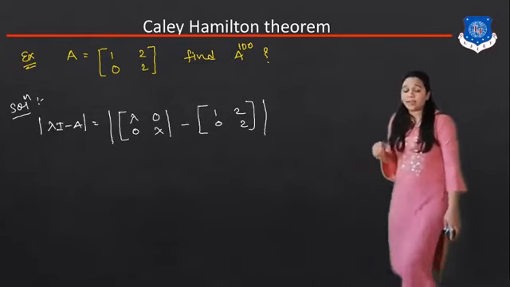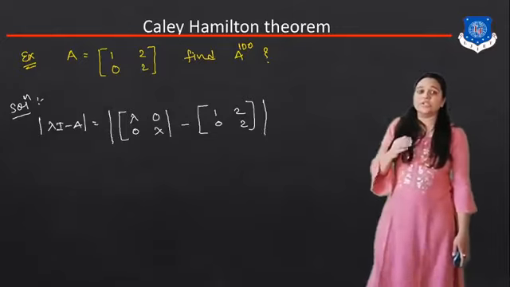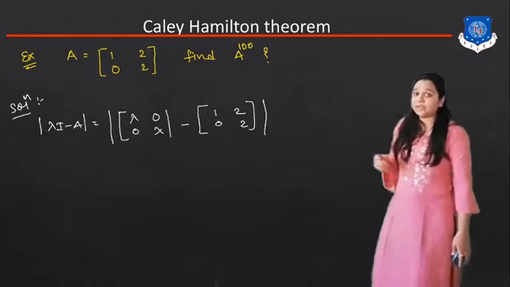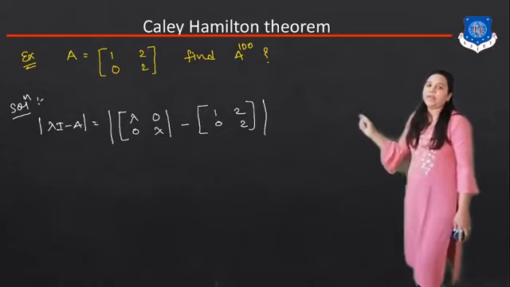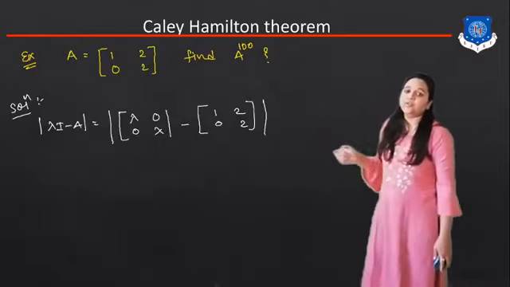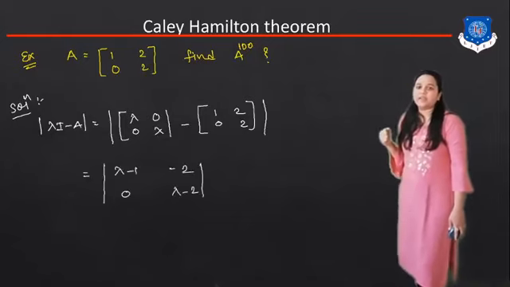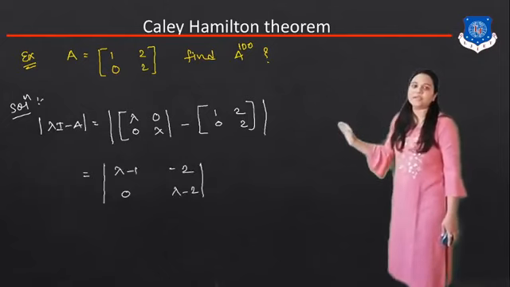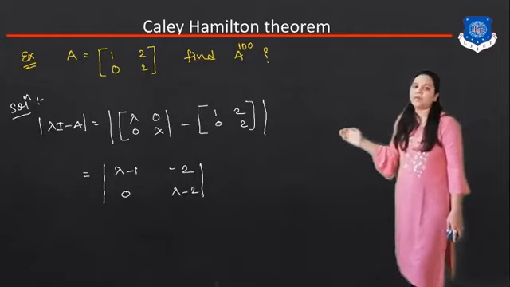Now what is lambda times I? I is the matrix [1 0; 0 1], and multiplying by lambda we get [lambda 0; 0 lambda], minus the A matrix [1 2; 0 2]. Simply subtracting these two matrices, we get [lambda minus 1, minus 2; 0, lambda minus 2].